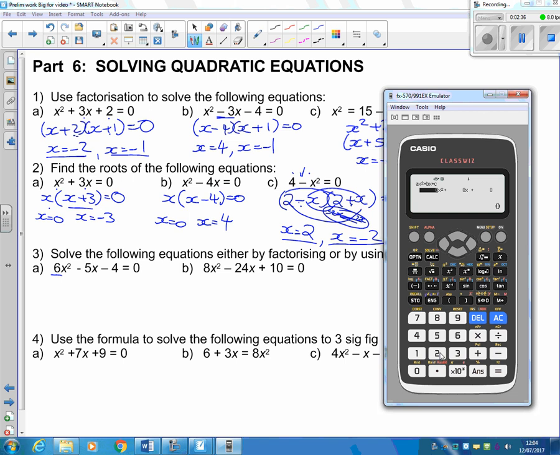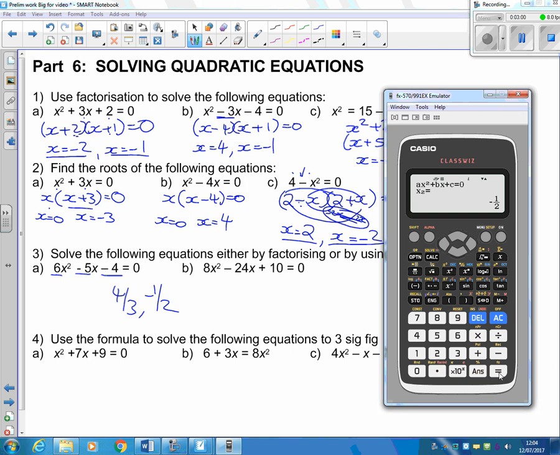Our a value is the 6 that we've got there. Our b value is the minus 5. Push equals between each one that you want to put them in, and I've got a minus 4 here. Push equals to get it in there. Push equals again, and you get the first answer, which is 4/3, and the second answer by pushing equals a second time, minus a half.